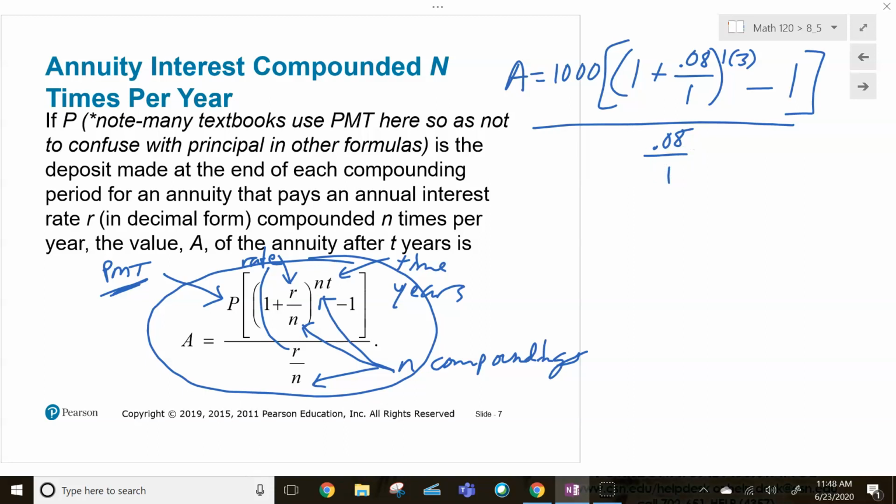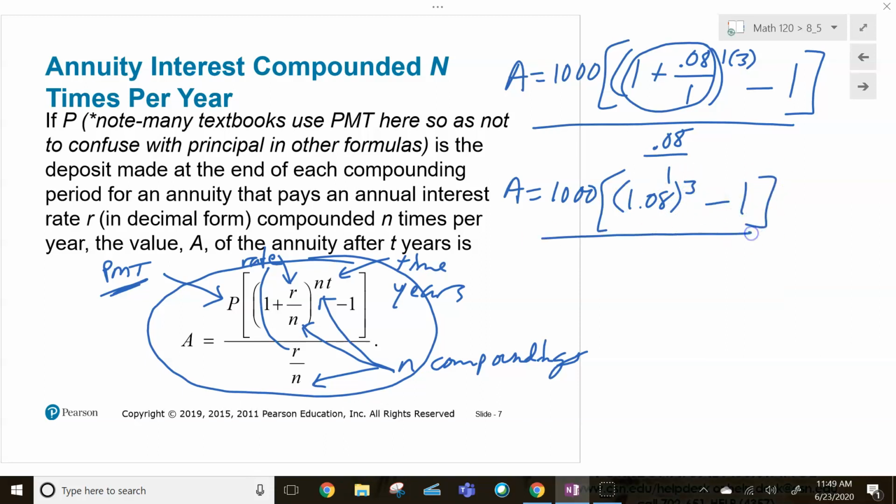Once you work this out, you've got 1,000. 0.08 divided by 1 is just 0.08, so you've got 1 plus 0.08, so 1.08, to the power of 3, and then you can take that value and subtract 1. On the bottom here, 0.08 divided by 1 is just 0.08. So I punch in 1.08 to the third, and I get 1.259712, and so on, minus 1.